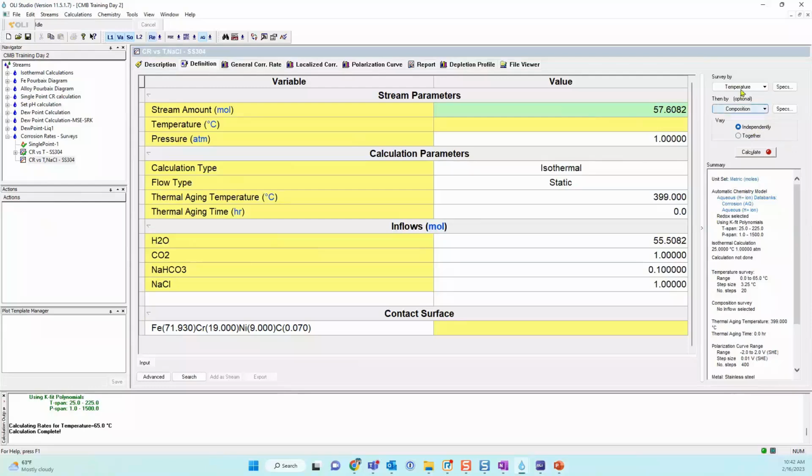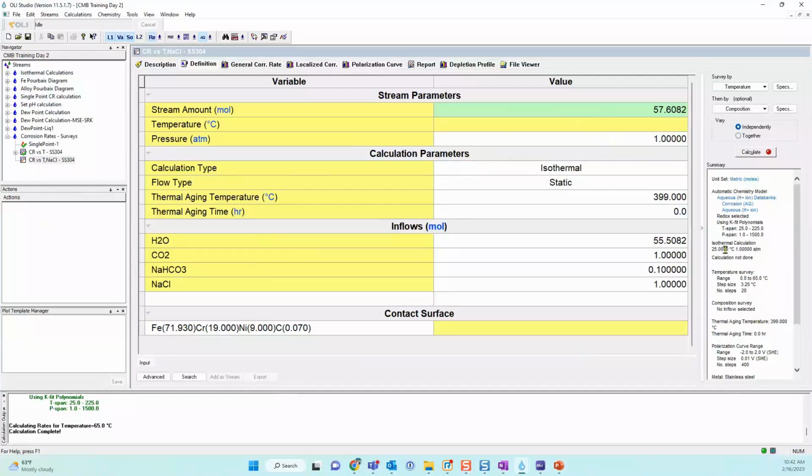Independently means the temperature is swept from 0 to 65 at the first composition, and then it goes to the second composition from 0 to 65, and then the third composition from 0 to 65, and so on. Together means the first composition with the first temperature is one set and is run, the second composition with the second temperature is run, the third composition and the third temperature is run, and they are always coupled.